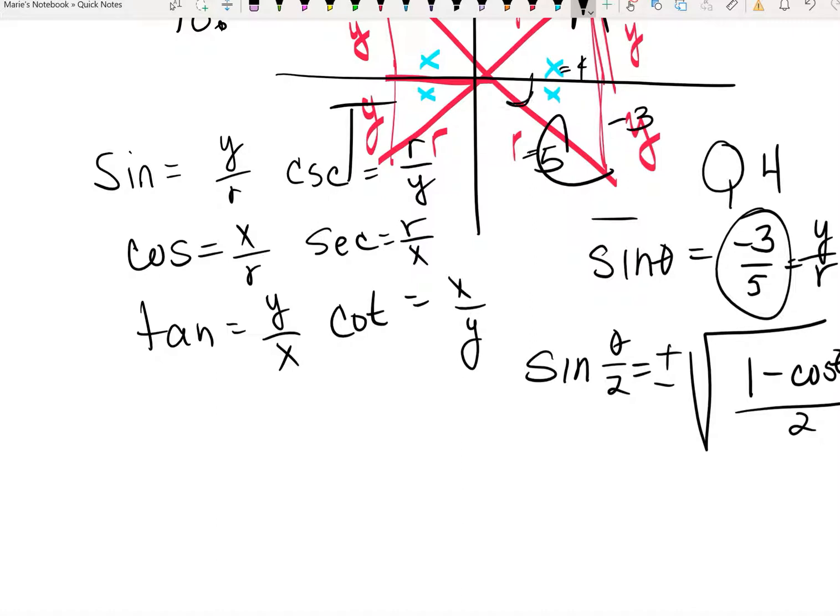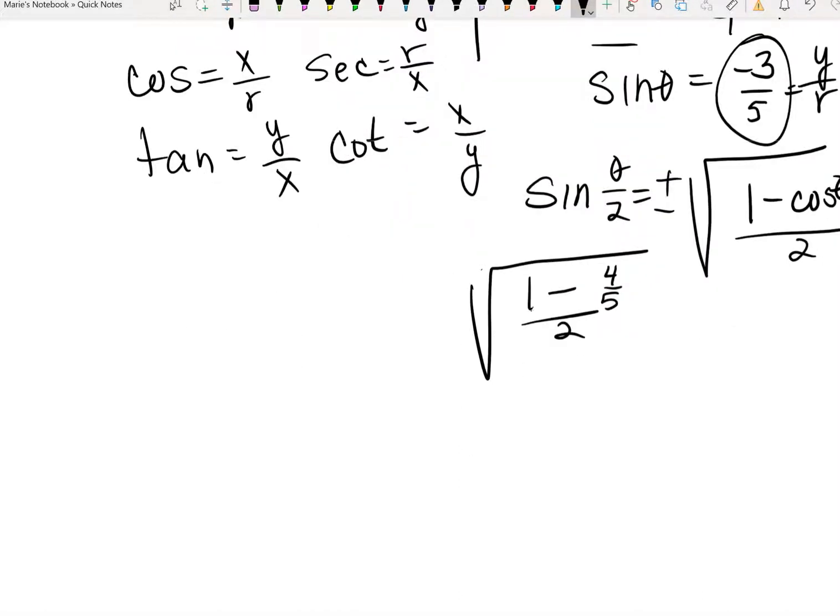And if I'm looking at this angle, because these are the angles we're always looking at, in this case, the cosine of this angle would be 4/5. And in that case, we would say square root 1 minus 4/5 over 2.